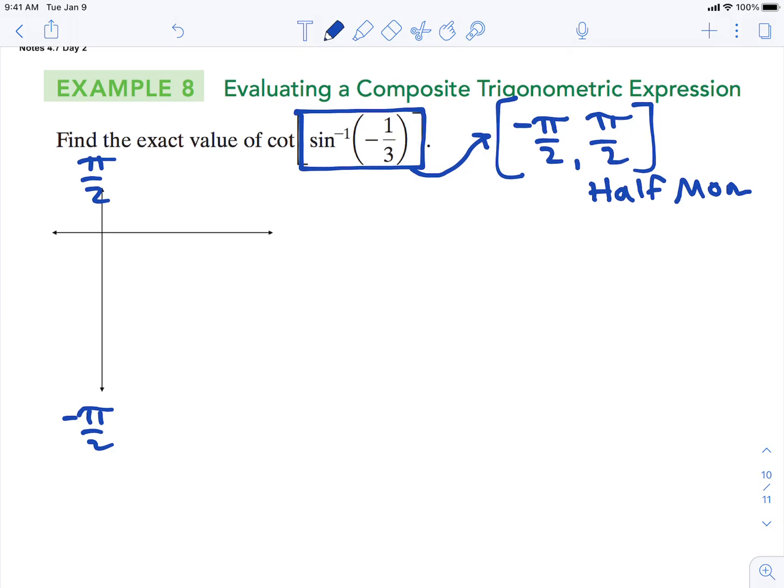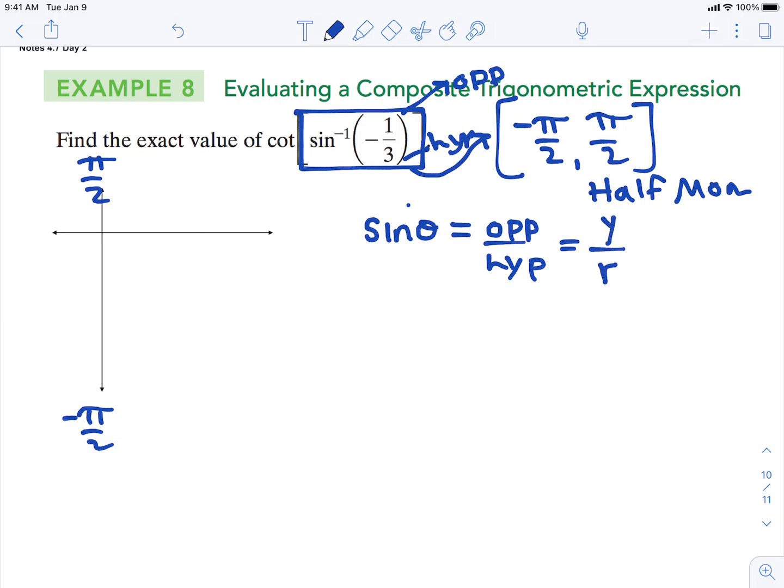Well, this angle is not on the unit circle, so we have to create a reference triangle. So the sine of the angle is opposite over hypotenuse, which is, here's your opposite, and then here's your hypotenuse, which would be y over r.